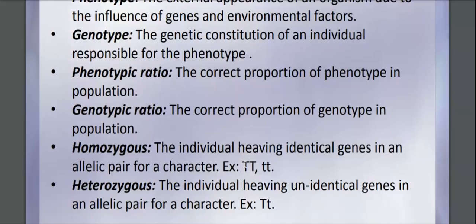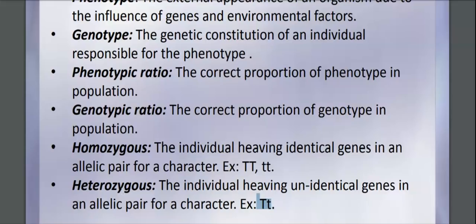Does that mean all tall pea plants have to have the genotype capital T, capital T? The answer is no. These are only the homozygous tall plants. Now there's another set of plants called heterozygous tall plants. Heterozygous tall plants are also tall because they have the dominant allele or gene capital T. The only thing is that both these alleles in this pair are not the same.